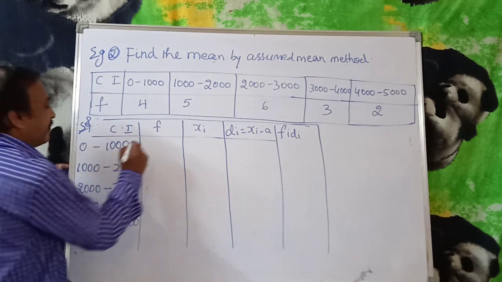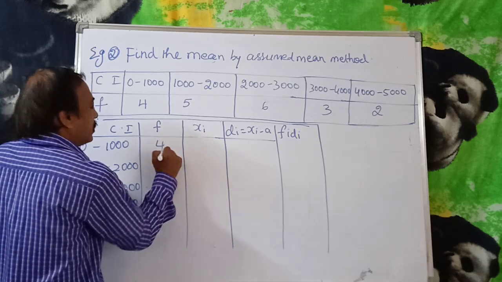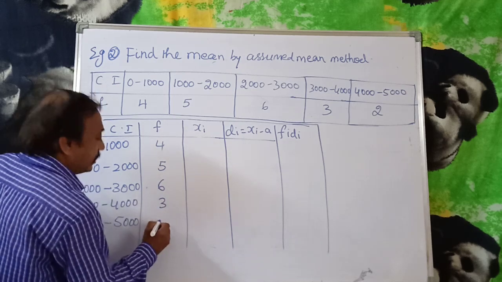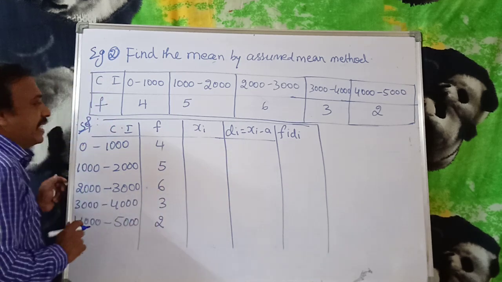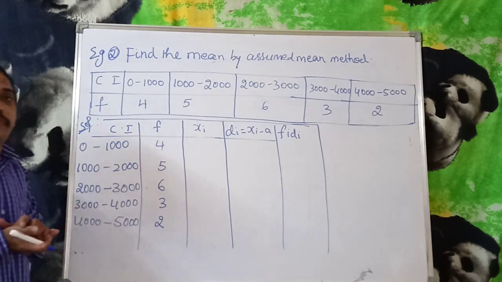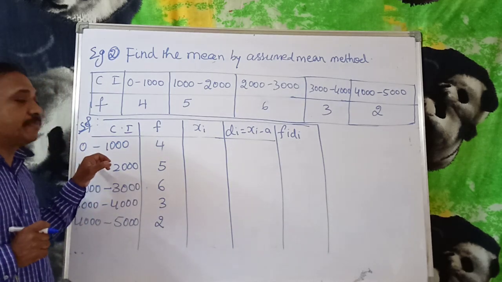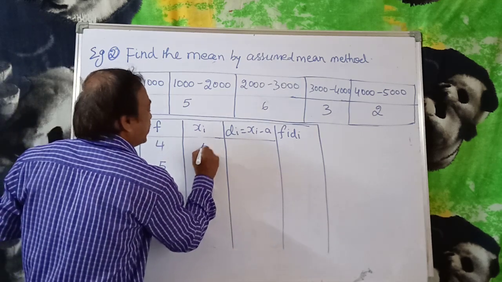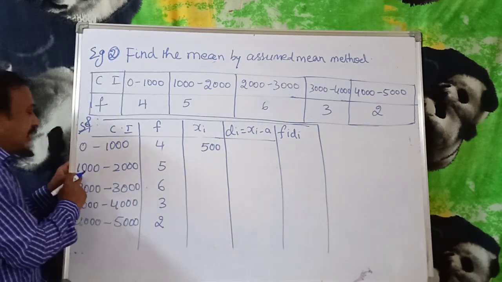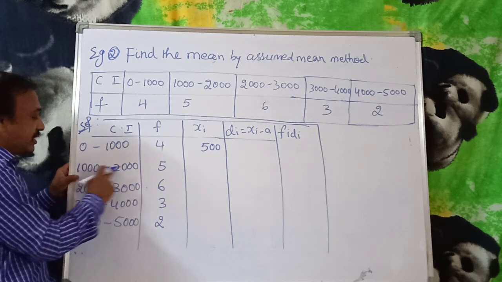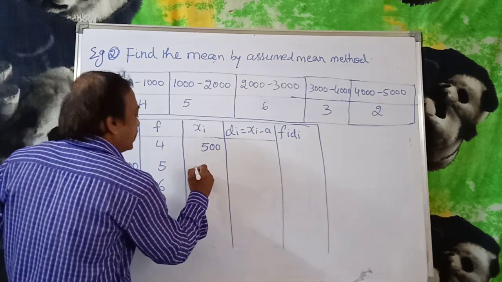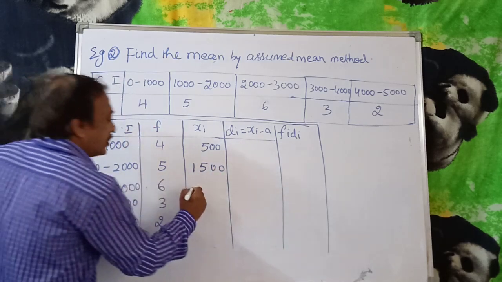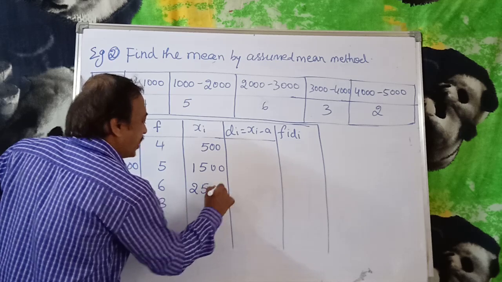Now the frequencies are 4, 5, 6, 3, 2. Xi, the class mark, how to find it? I already told: lower limit plus upper limit by 2. 0 plus 1000, 1000 divided by 2, that is 500. The next, 1000 plus 2000, 3000, divided by 2, that is 1500. Next 2500. Class marks we are obtaining.